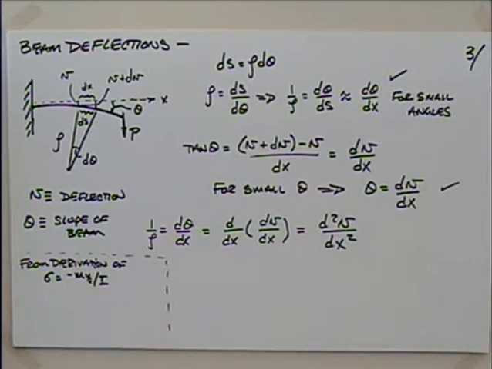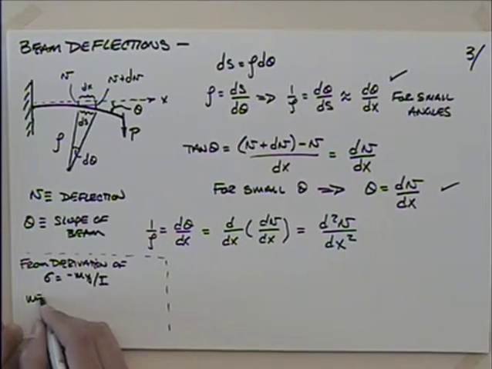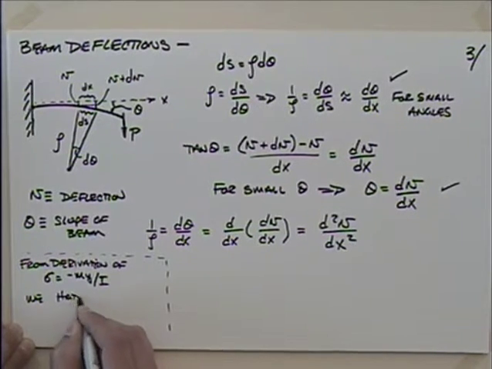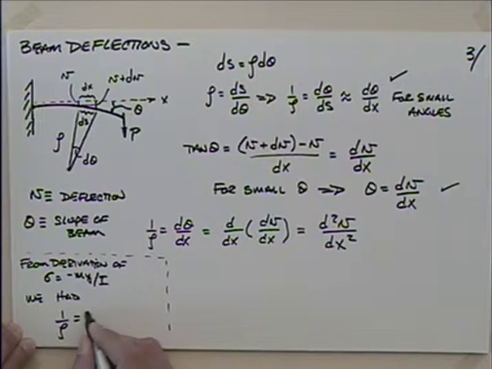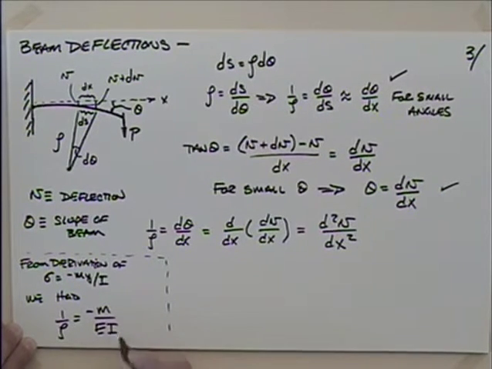So from our derivation of beams and bending where sigma is equal to minus My over I, when we derived that, we had the following equation, that 1 over rho was equal to minus M over EI. And I did some substitution in there because we didn't want to have to deal with rho, but that's an important equation because I'm going to use it again.